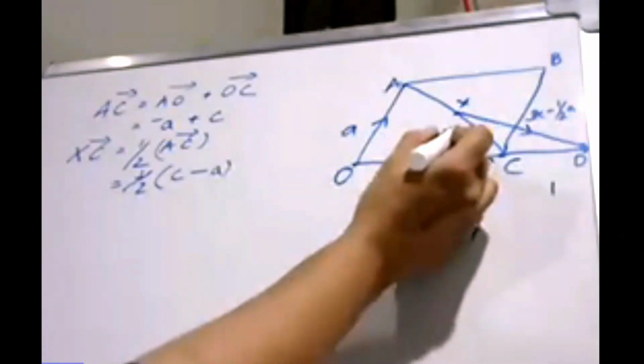Now see, XD is given. XD is equal to 3C minus half A. And this XC is equal to this value. So if I add this and this, I can equate it to XD.